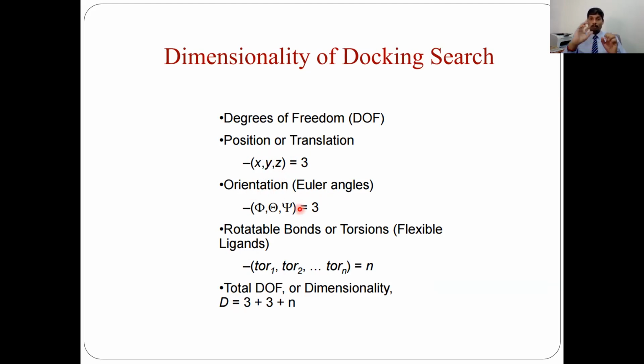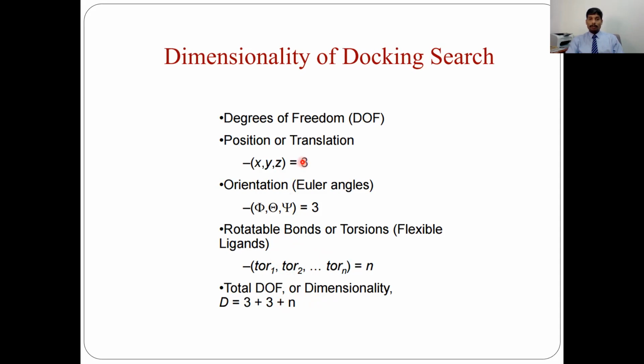Just now you have seen the atoms A and B like this one time and like this another time. So you are changing the orientation also, and bonds also you can give a freedom, torsion angles you can give a freedom. If you take all those total freedoms, it's a lot.